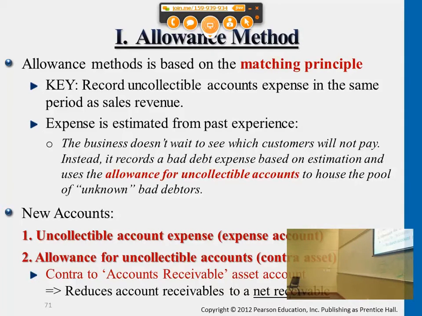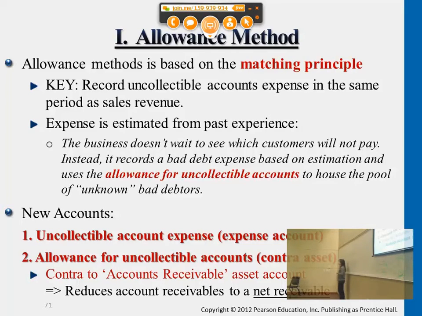Okay, so the two new accounts introduced here are the uncollectible expense account and also allowances for uncollectibles. This allowance account is a measure of the part of the accounts receivable that a company is not collecting. It's a contra asset account to accounts receivable, meaning that at the end, on the balance sheet, it will be deducted from accounts receivable.